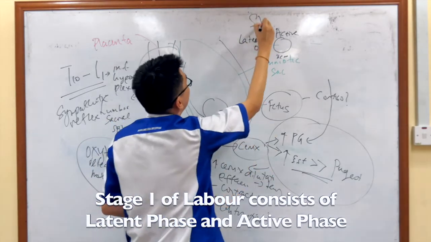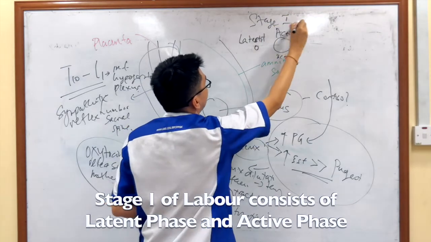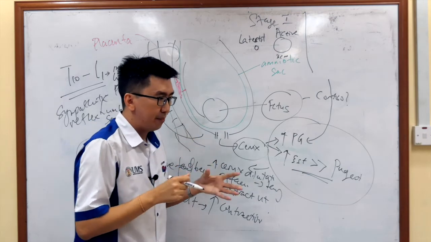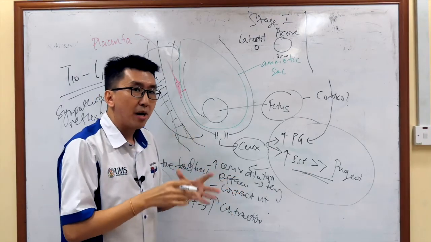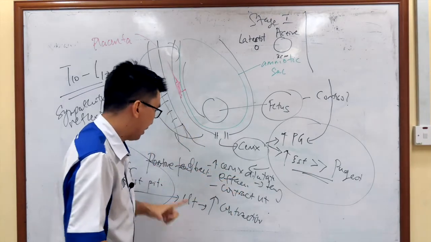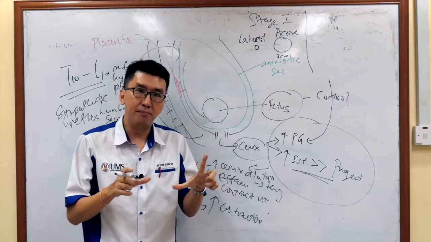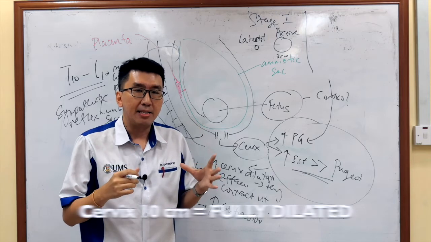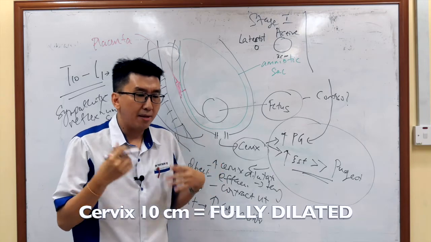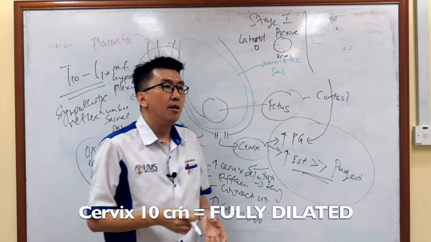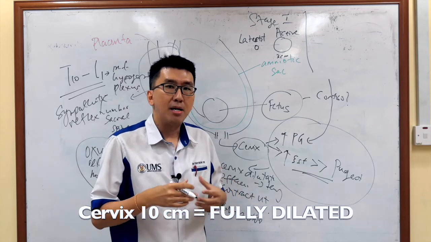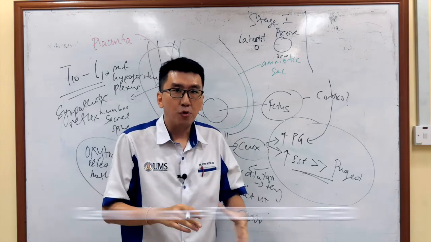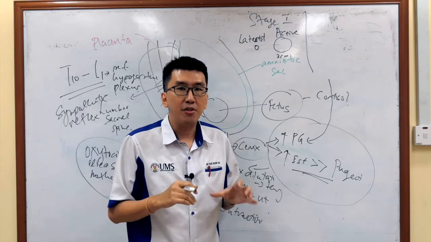This is called stage 1. However, when the cervix progressively enlarges from 3 centimeters to a maximum of 10 centimeters and is fully dilated, we go to the second stage of labor, whereby the mother will have to bear down and expel, and bring out the baby because of this contraction.